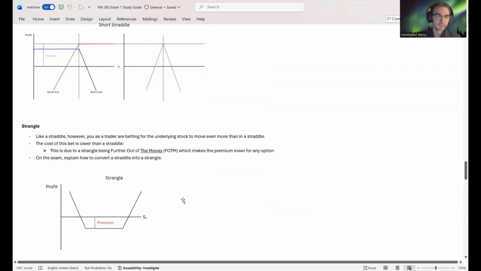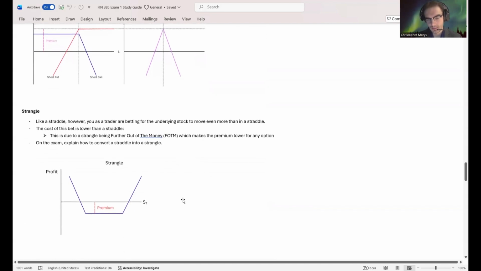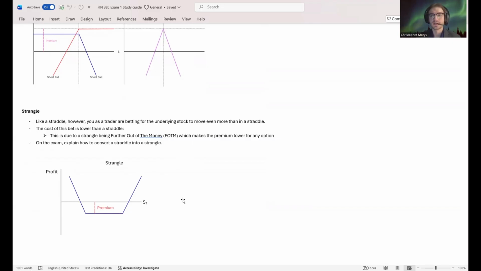So the next type of option trading is a strangle. Think of the strangle as the straddle's cousin, as they are related to each other.